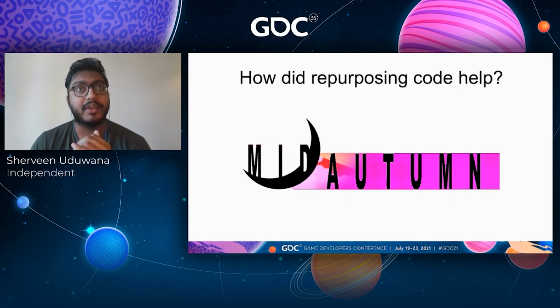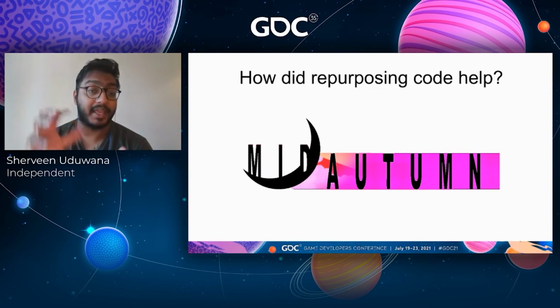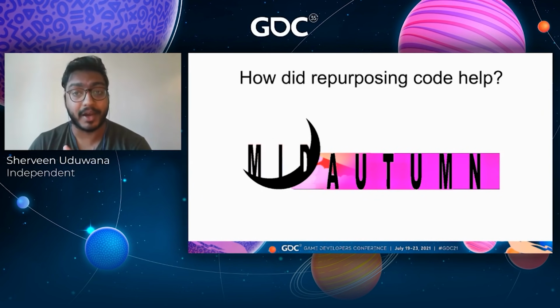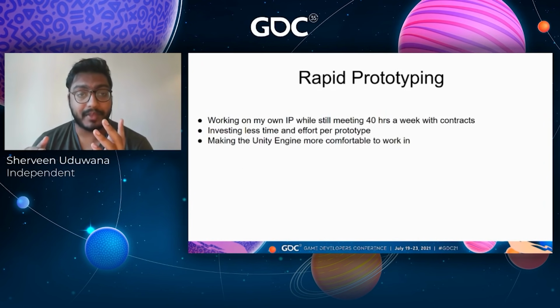So yeah, to summarize everything, how did reusing all this code, taking a code template and throwing it into Midautumn, actually help while I was working on the prototype? So it was really a lot faster than it would have been.